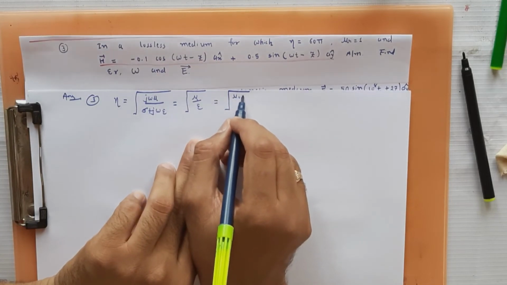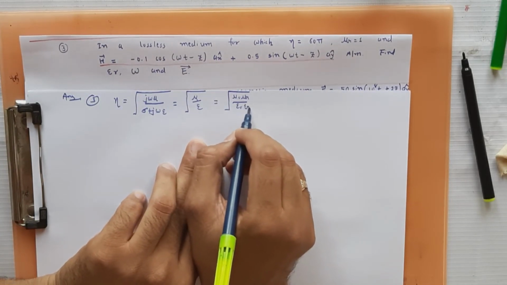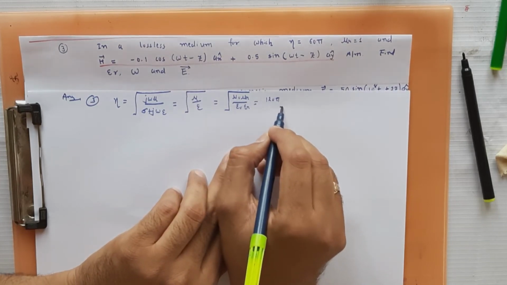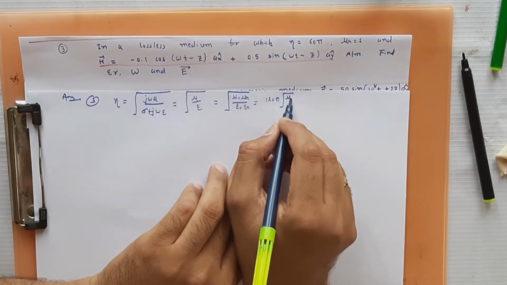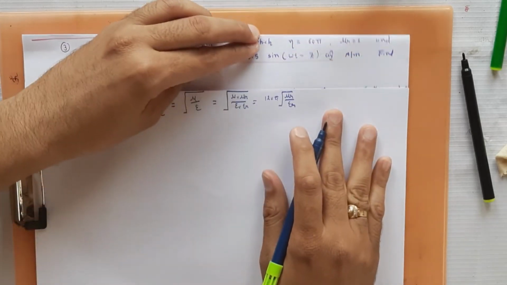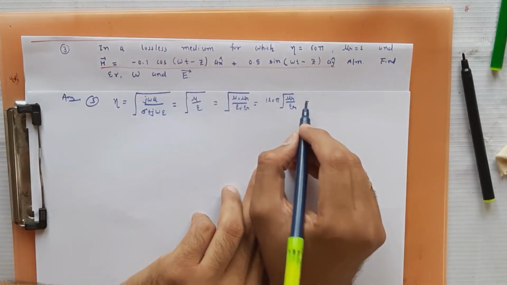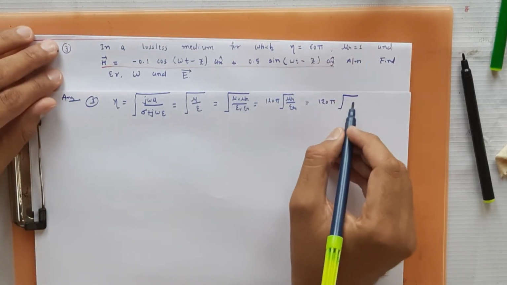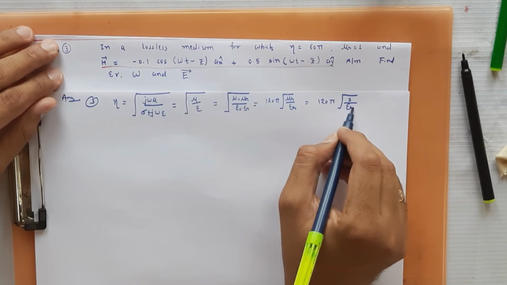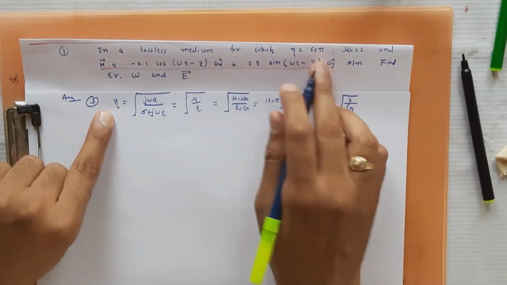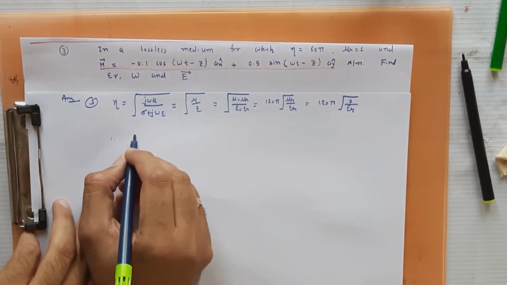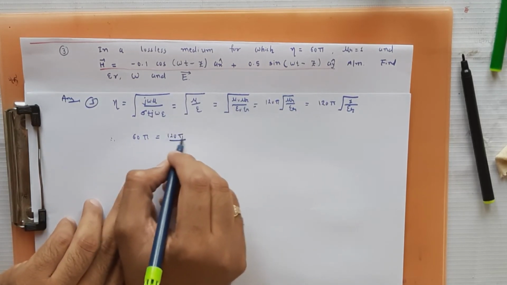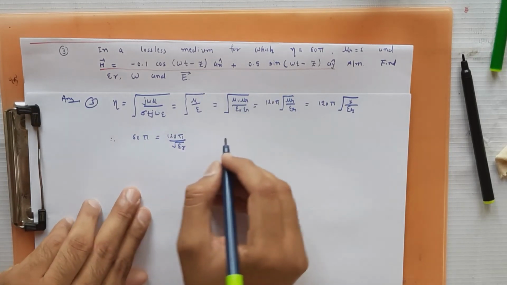Putting in the values of mu 0 and epsilon 0, this gives 120 pi times the square root of mu r by epsilon r. The value of mu r is given as 1, and we have to find only one value, epsilon r, and eta is given, which is 60 pi. So 60 pi is equal to 120 pi divided by the square root of epsilon r.